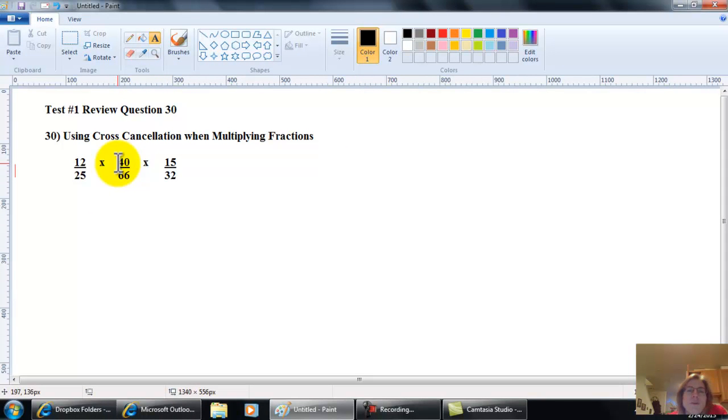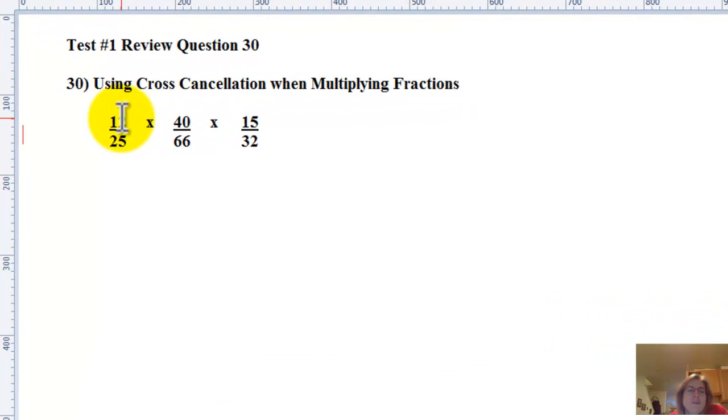Cross-cancellation. When you're multiplying fractions, you can look at a fraction and reduce it at any time before you multiply. You can look at the numerator over the denominator directly: 40 over 66, 15 over 32, 12 over 25, or you can look at it on a diagonal.